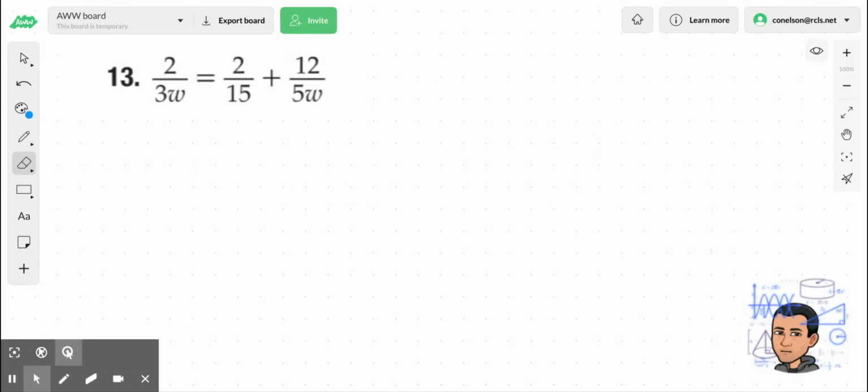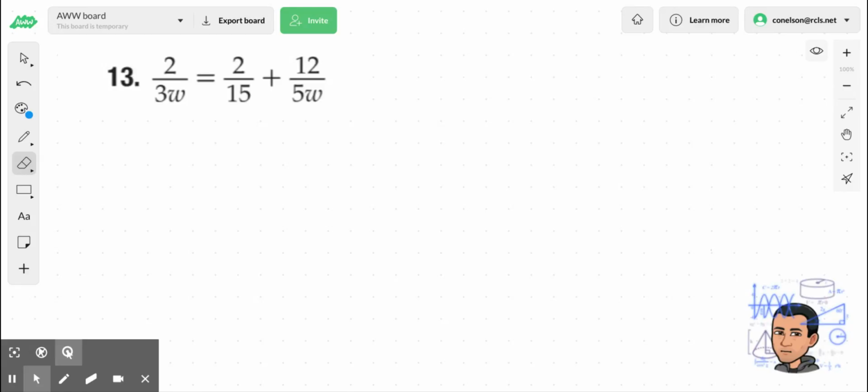Now, 13, what they really did on this is they looked at every single part and said, how can I get common denominators on everything? Looks like the number that they have in common is 15, and that they all would need a w.